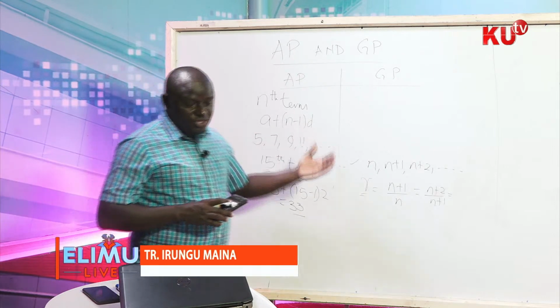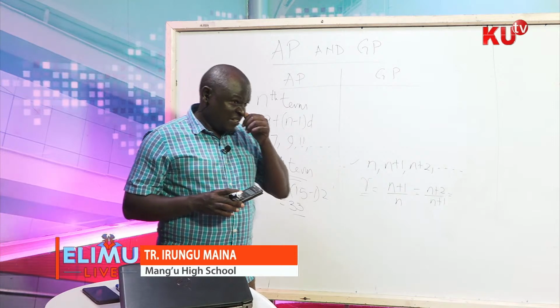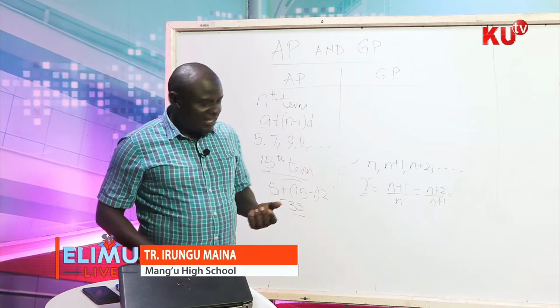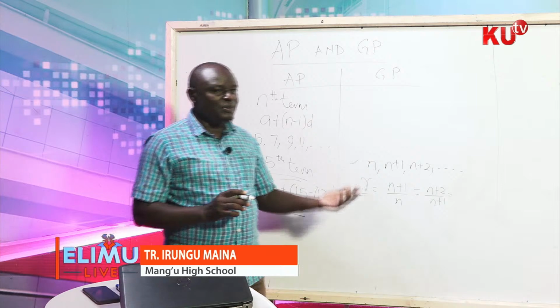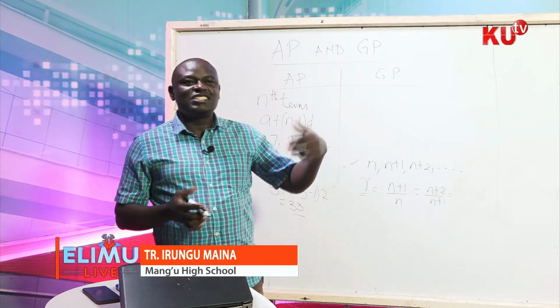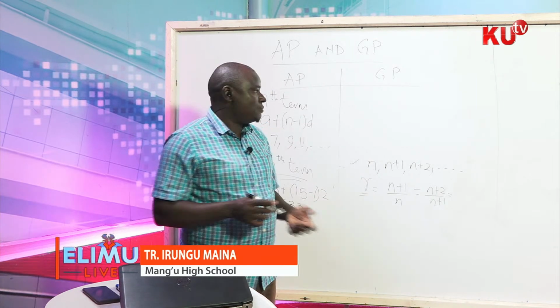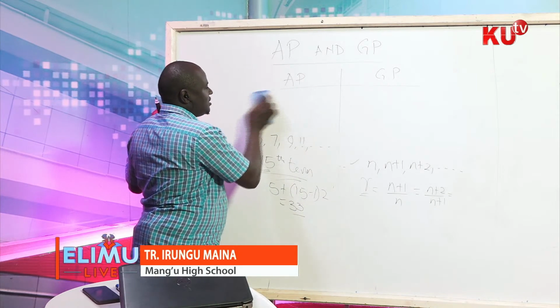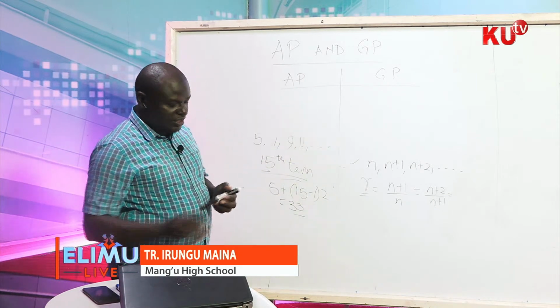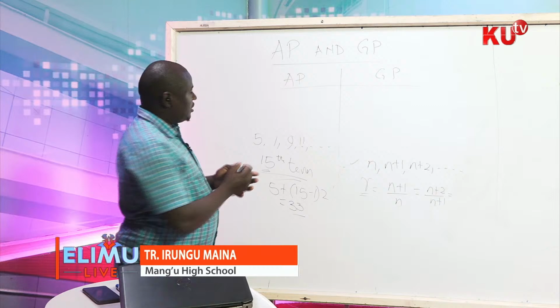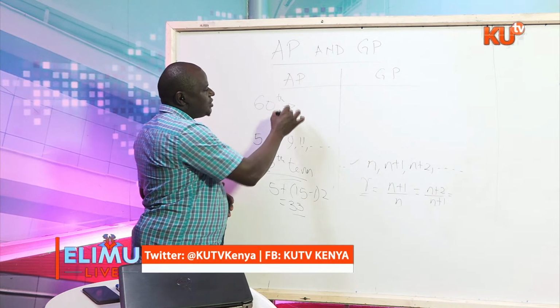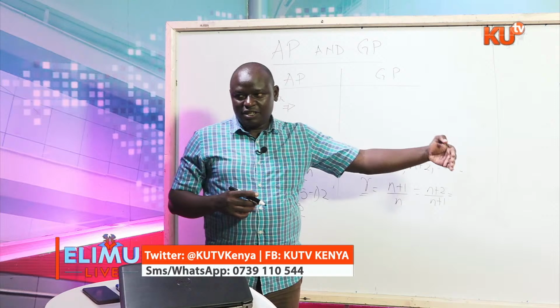Now, suppose somebody argued and said, I think Mwalimu, we can list 15 terms, they are not so many. But suppose somebody wanted the 60th term. Now this becomes a bigger chain.